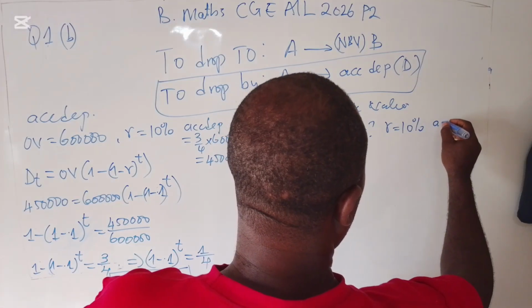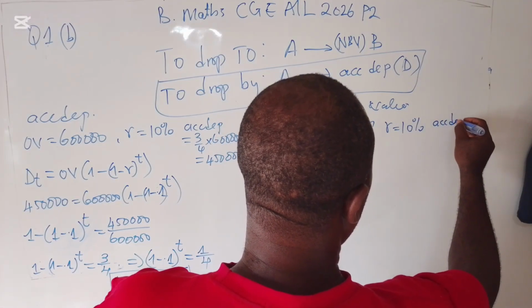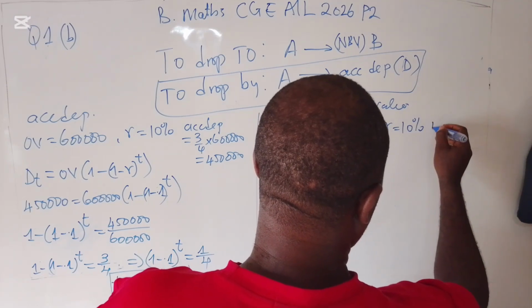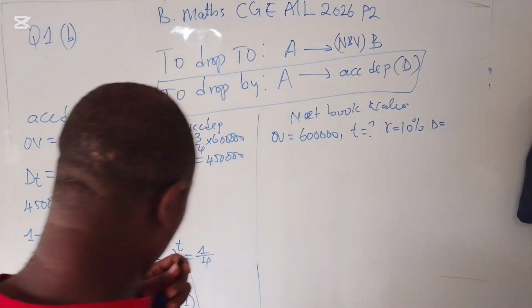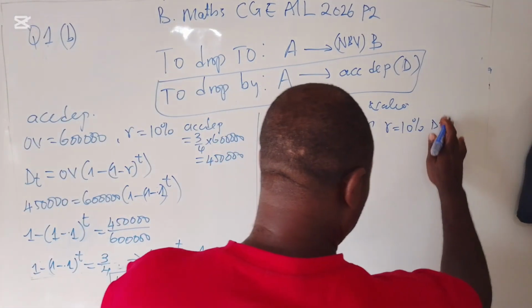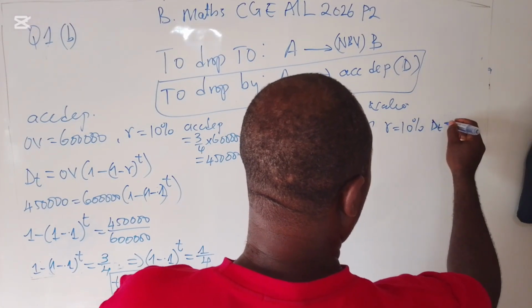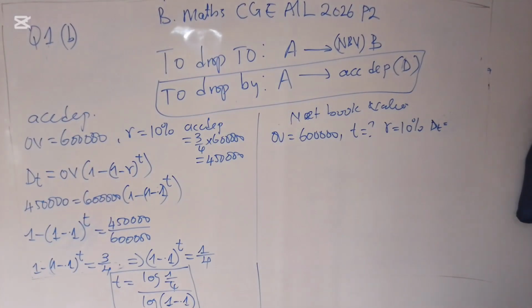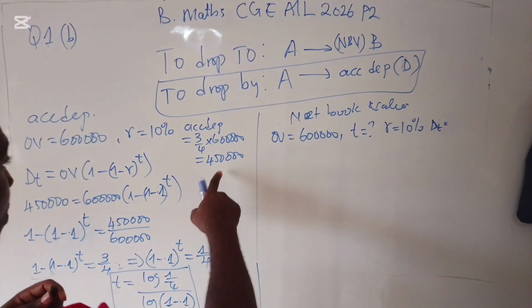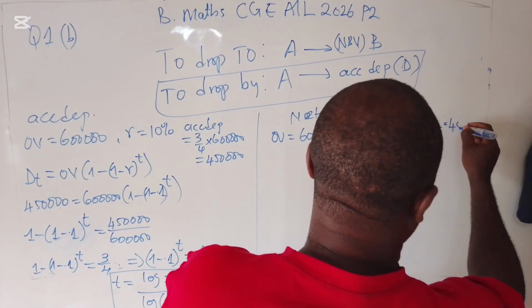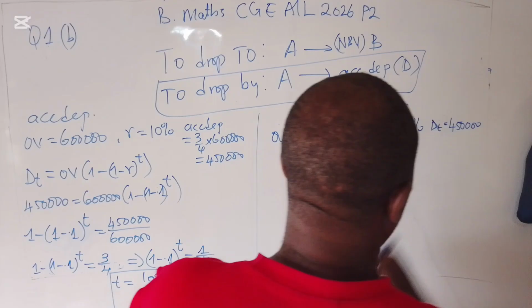And the accumulated depreciation at the end of T is 450,000.